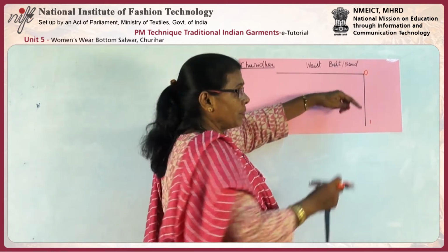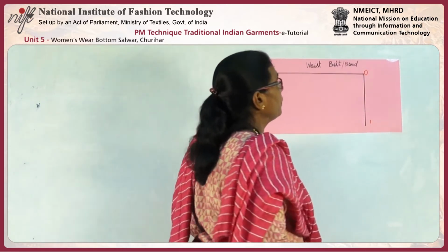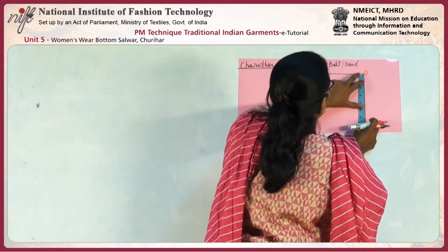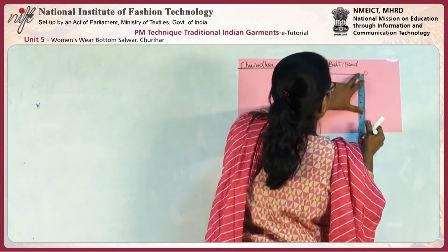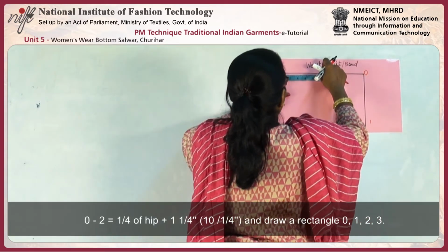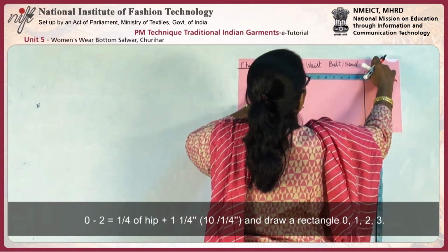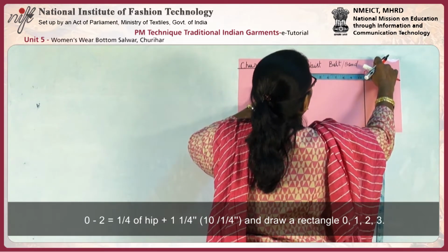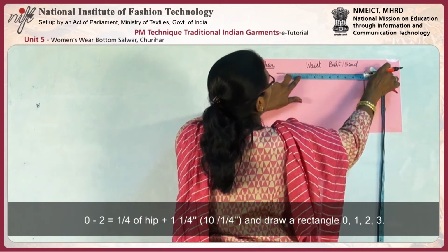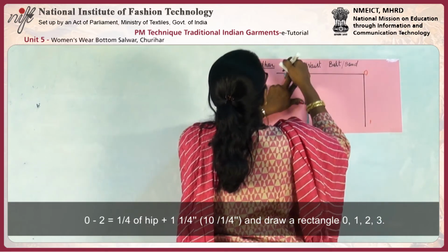It is hip by 5 plus half an inch. Hip is 36, it will come around 7 1/8, and the width is hip by 4 plus 1 1/4 inch. So 9 plus 1 1/4, 10 1/4.